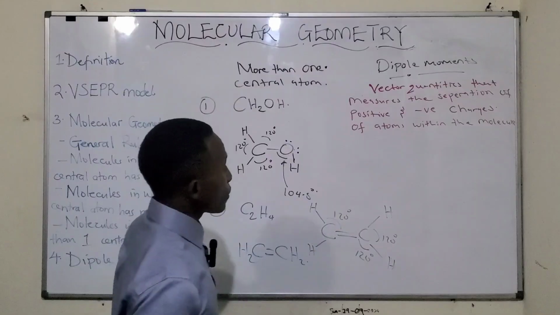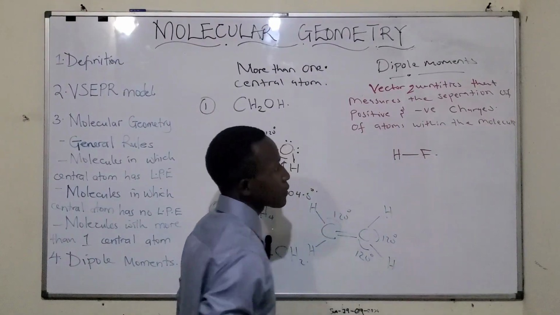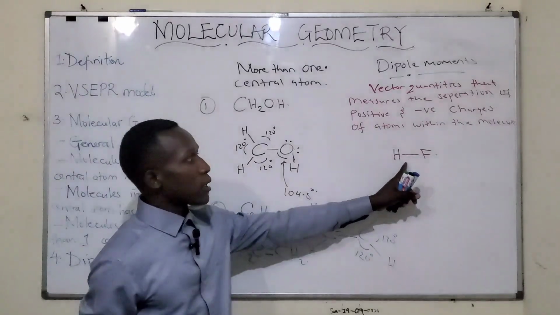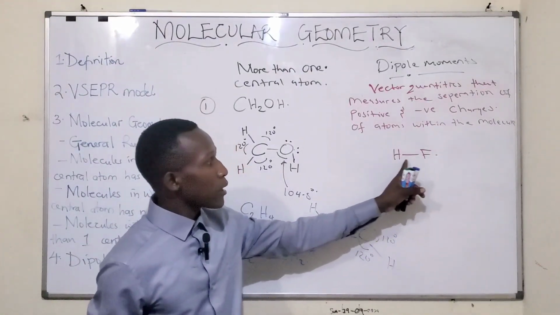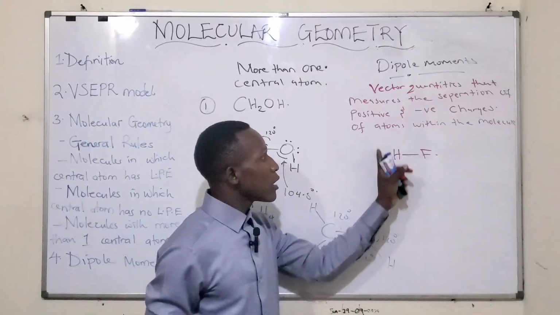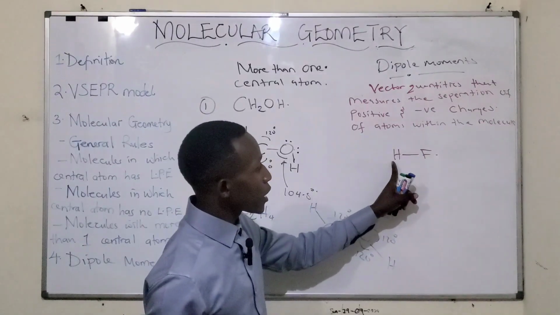So, for example, if we have hydrogen fluoride, this bond is a covalent bond. The electrons are not pulled completely from the hydrogen atom.